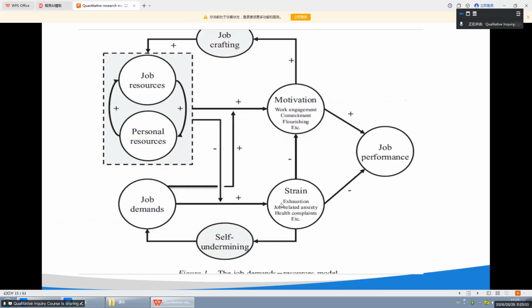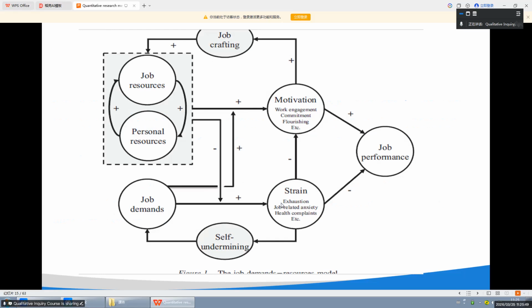Why? It's understandable. If you feel burned out, if you feel exhausted, what might be the result? For example, you will refrain from activities, possibly. I'm tired, I don't want to be involved in these tasks. You may just want to refrain.